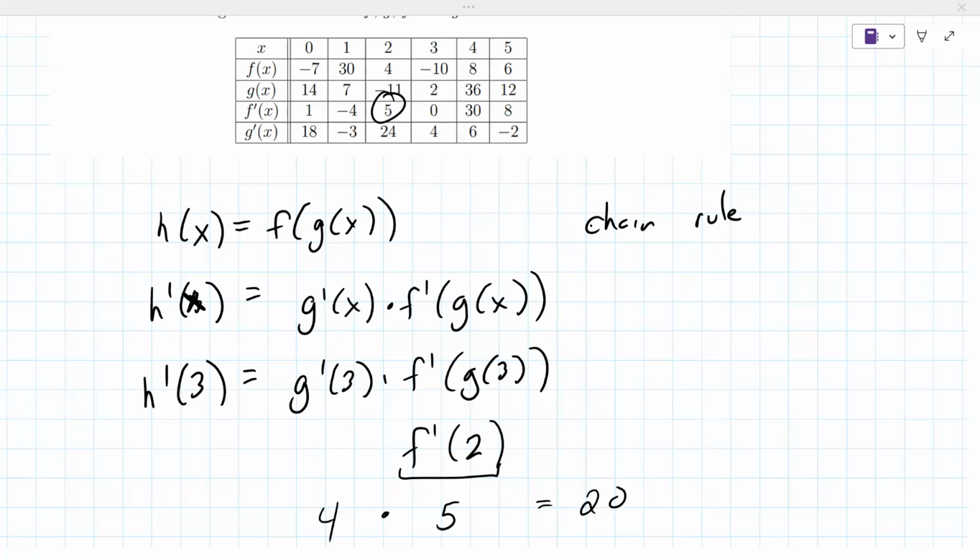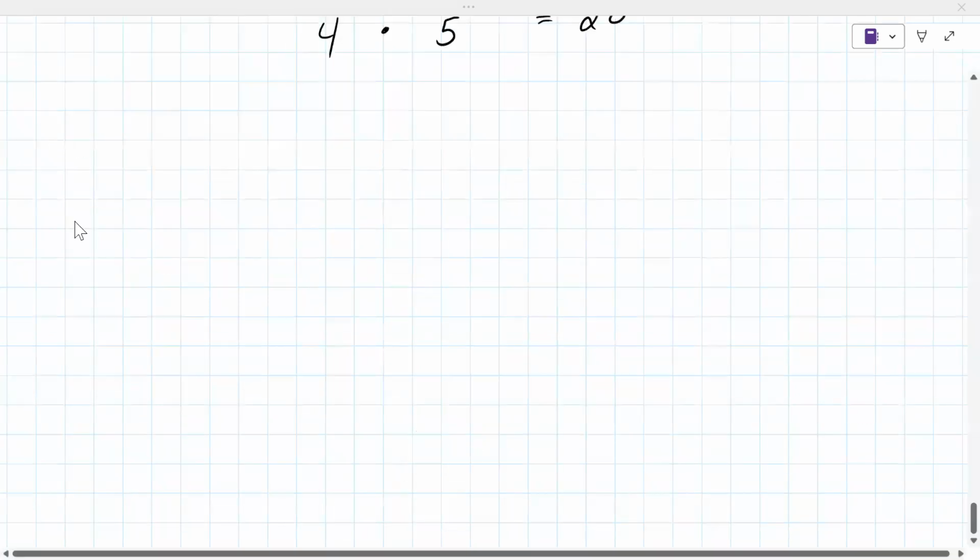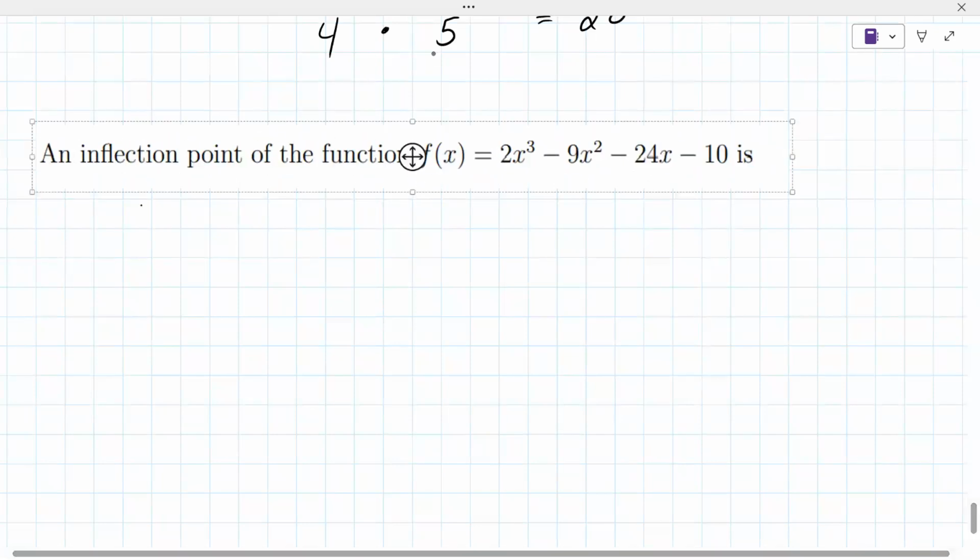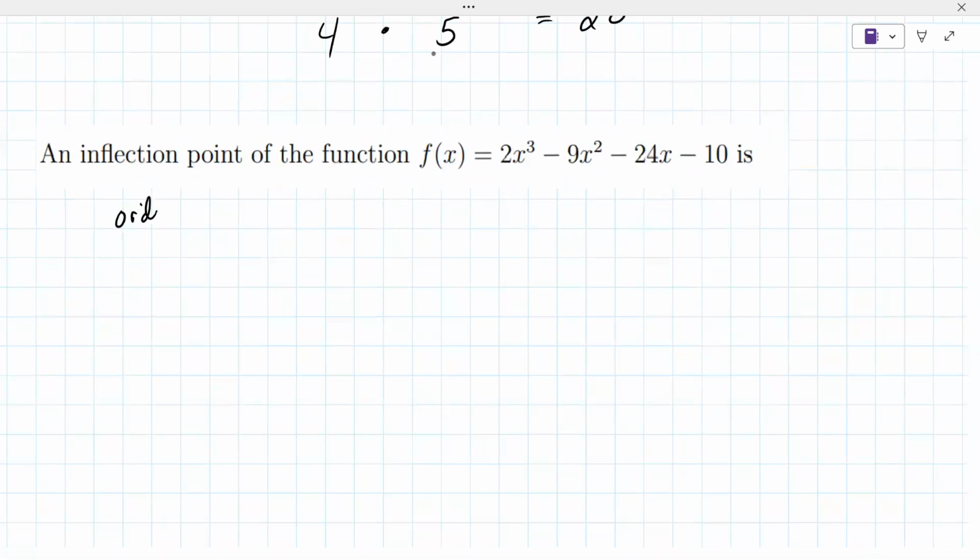Where is the problem? Okay, so the next problem here is I'm asking you to find the inflection point. That's an ordered pair. So I'm looking for both x and y, please.